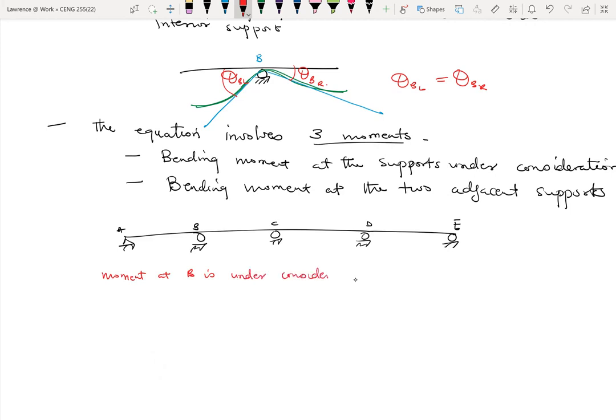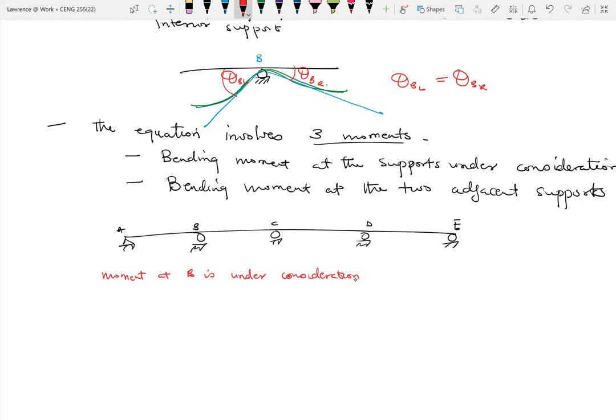If that is the key thing I'm looking at in terms of formulating the bending moment equation, or the three moment equation in this case, and B is my target, then B becomes the bending moment under consideration. And then I need to add two adjacent moments at the supports.